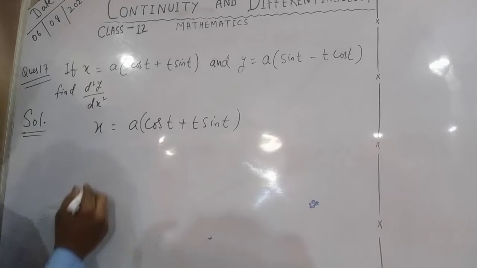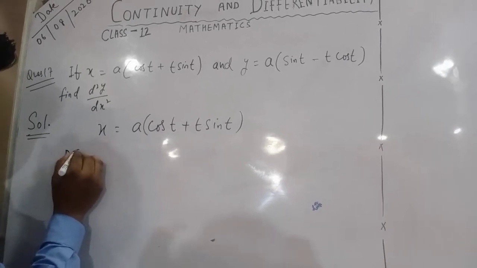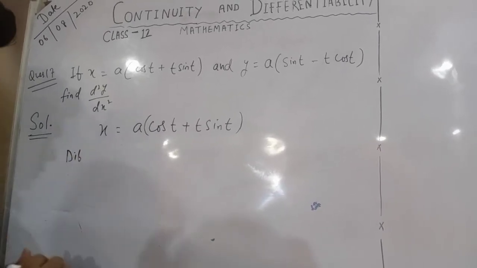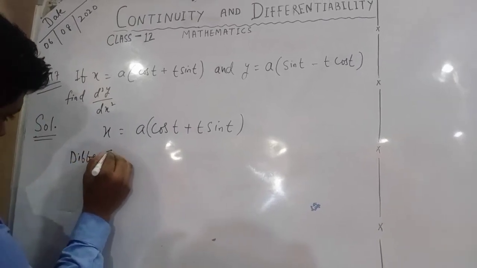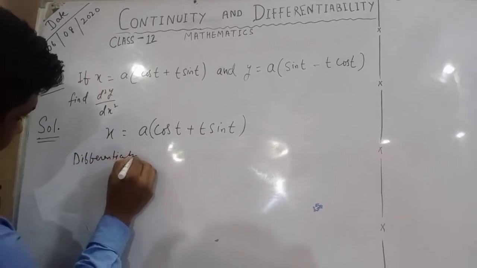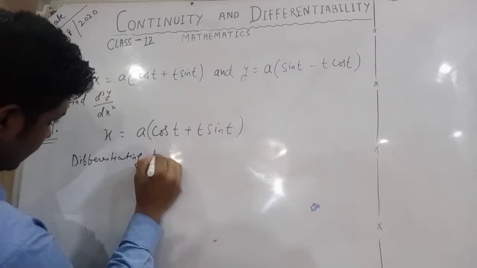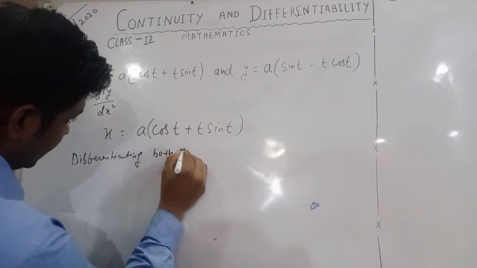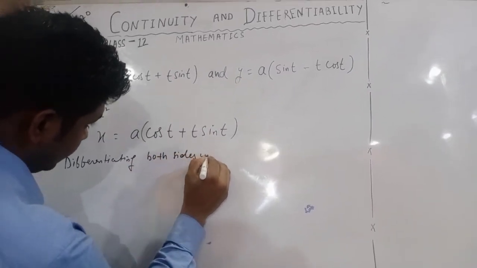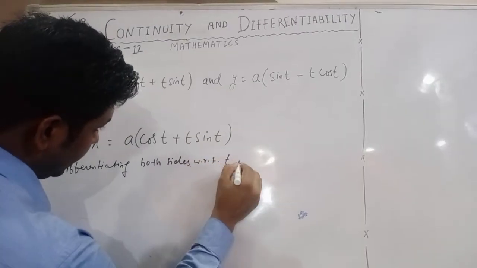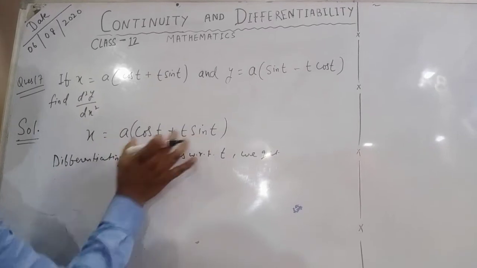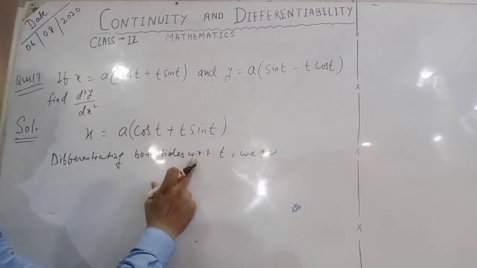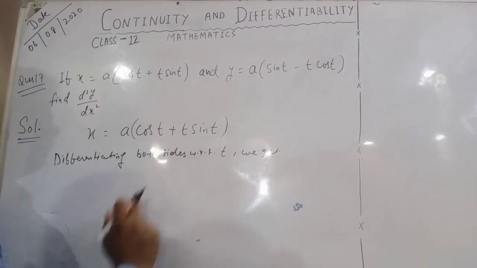So after this, what I am doing, I am differentiating this both sides with respect to t, because this x is defined in terms of t. So that's why here we will differentiate with respect to t only.